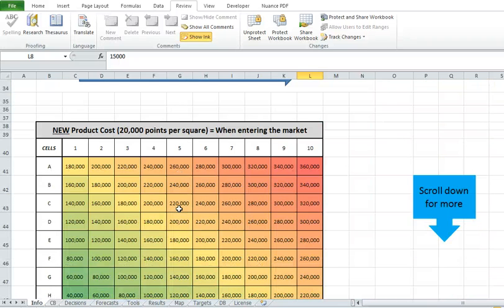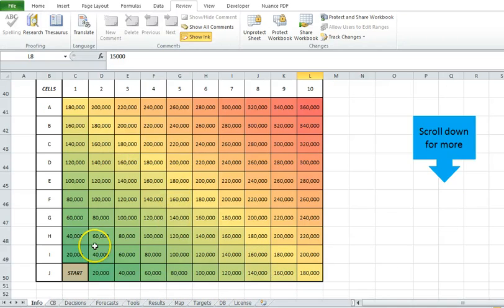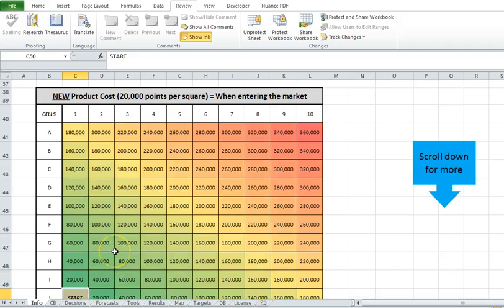Also in the information tab we have the actual cost of developing a product. Okay, we start down here. We are basically at the start box there with a basic product that has very low quality and very low style. So we've got to enhance the product and bring it to market.